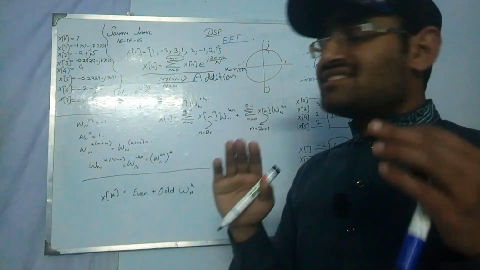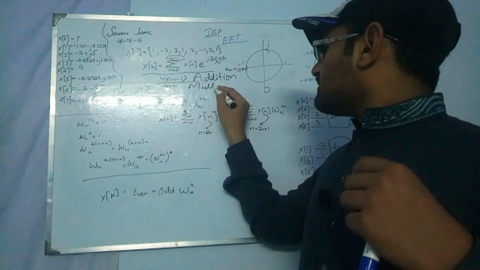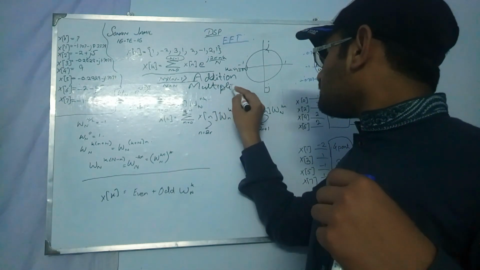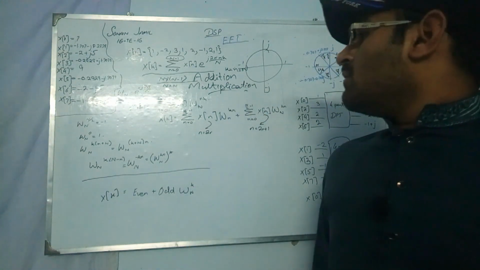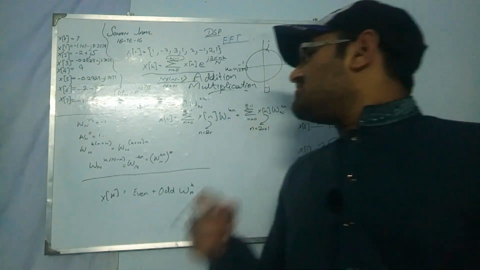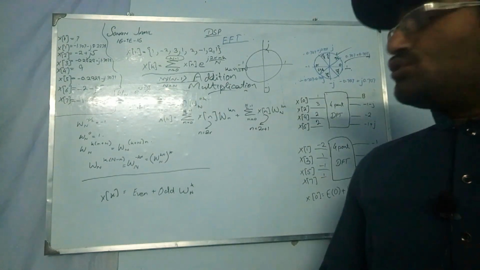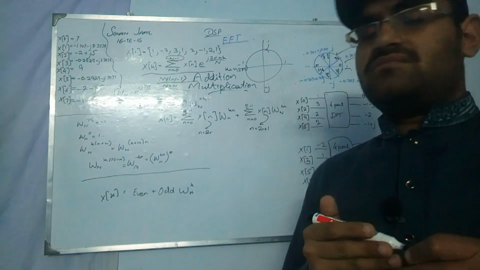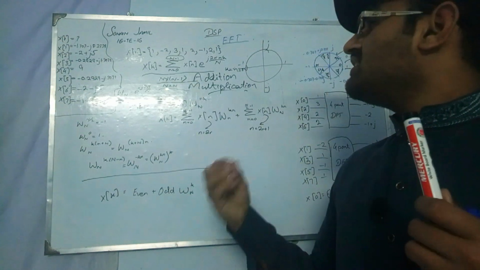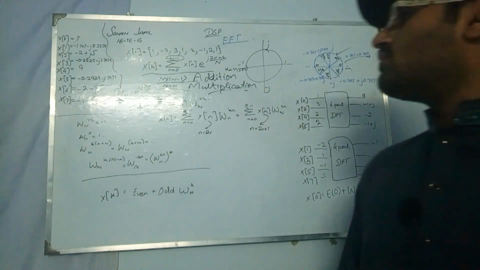So for N samples we will have N into N multiplications. So for computers it is very difficult to perform so many computations, and it will be a very slow process, it will consume time, it will be very costly.